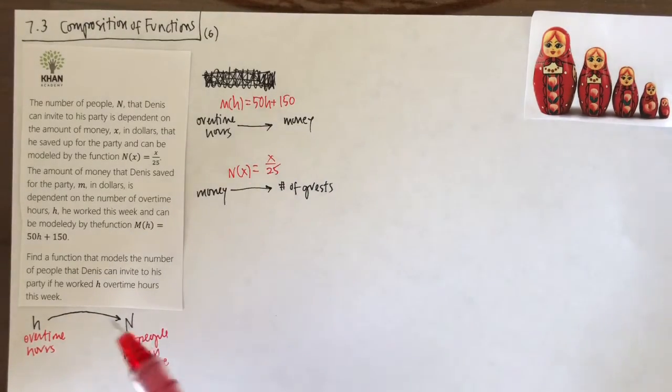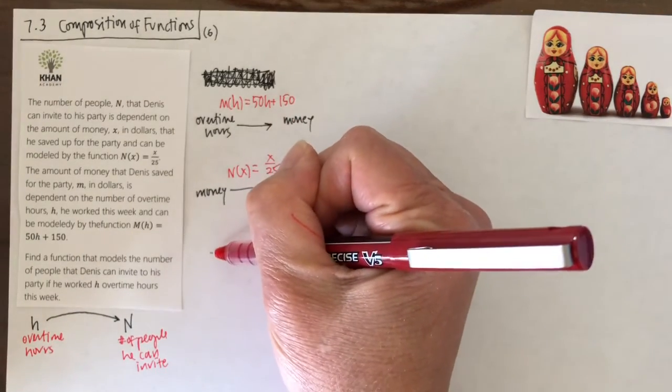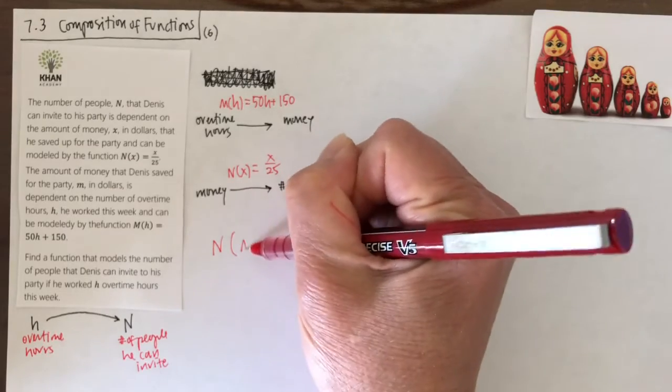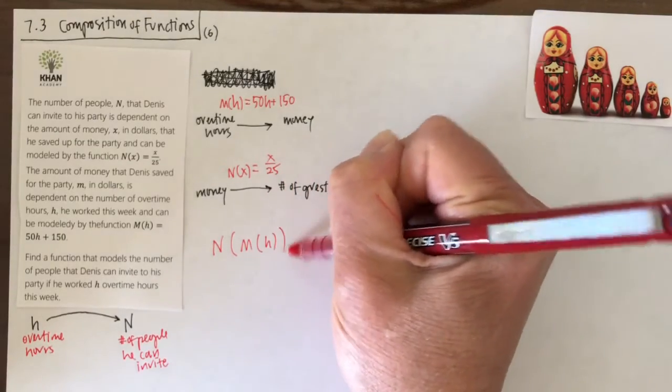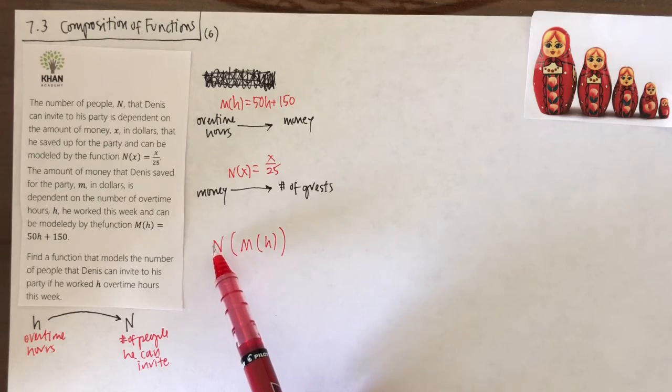Okay, so what we really want to be able to do is go from overtime hours to the number of people. So this is our input. So what if we had something like this? This would be nice because this gives as an input the number of overtime hours, and as the ultimate output, the number of people he can invite.